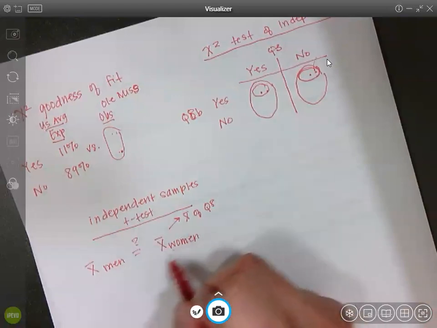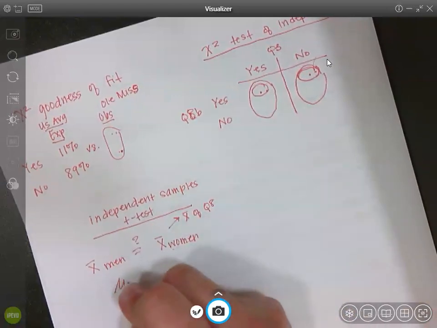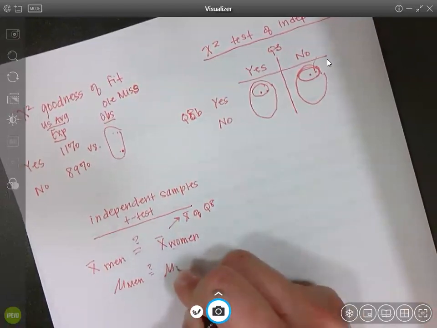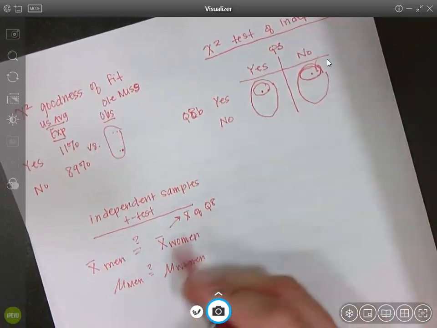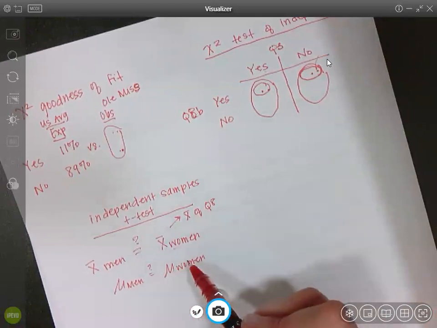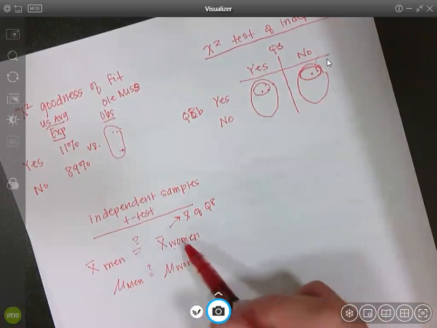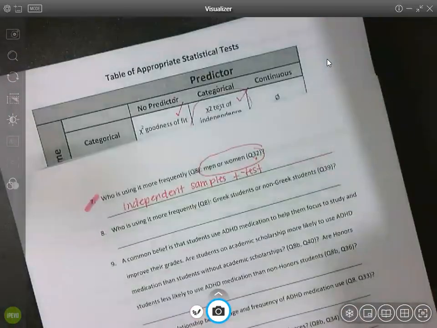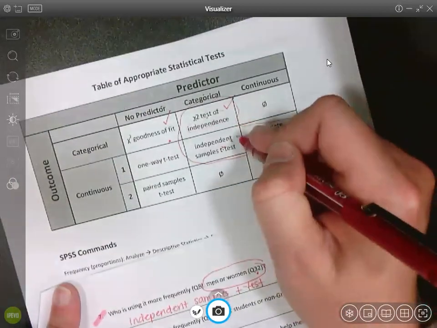We'll use the answer we find here to make an inference about the population means. Based on what the sample said, do I think at the population level that men and women are taking this drug with the same frequency, or that one gender is taking it more often? That's what this independent samples t-test is going to tell us. So we can check off independent samples t-test here.